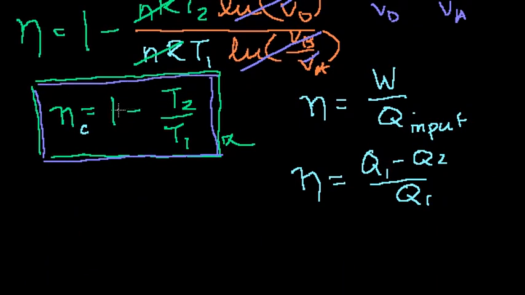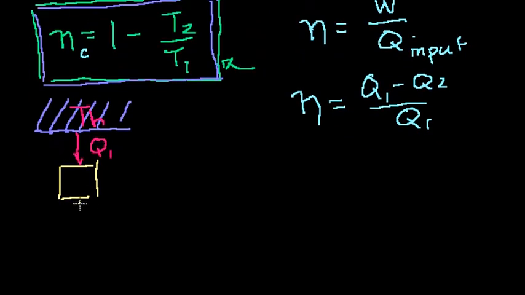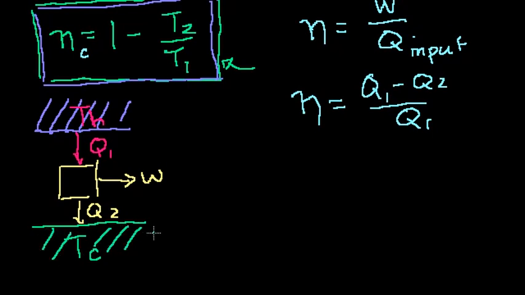Now, what I'm about to embark on, and I don't know if I'm going to finish it in this video, it might take into the next video to do it properly, is to show you that if we're operating a heat engine between two temperature sources, so I have my hot temperature source, I'll call that TH for T hot, and that's an H, not an N, it's transferring some heat, Q1, and some other heat is coming out at Q2, and I'm performing some work, and then my other cold temperature reservoir, I'll call that T cold, is down here, and that's where I'm releasing the heat to.